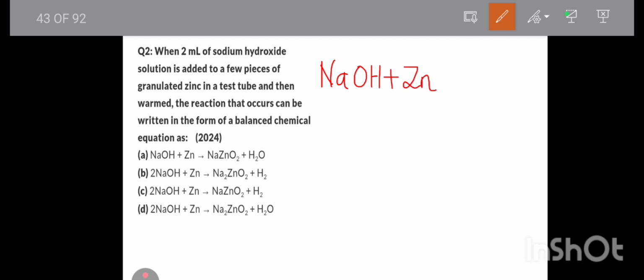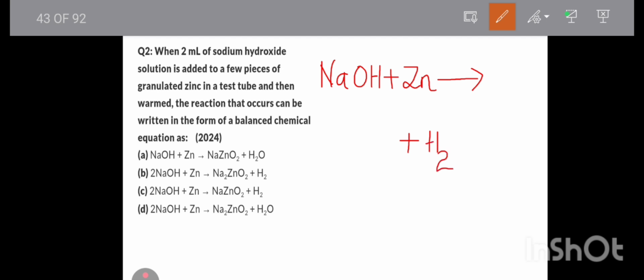Okay, so this is the reaction of a metal with a base. Whenever a base is reacted with a metal, it will be forming salt and hydrogen gas. So one of the products which we are getting here is hydrogen gas, and the next one is salt.